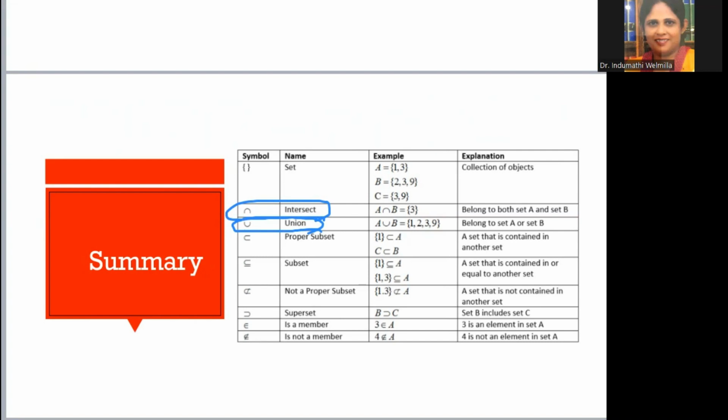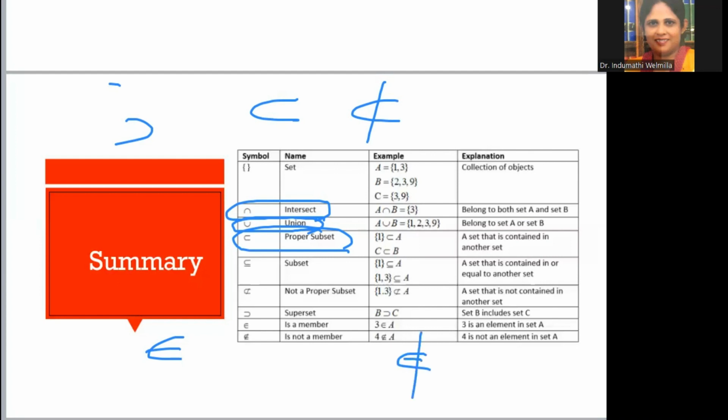And for proper subset, we use this one to show the subset, and for not a proper subset, we use this notation, and for superset you use another notation like this. And this notation we use to show that it is a member or element of the set. And when we use this one, it is not a member. It represents that one number is not an element of the given considered set.